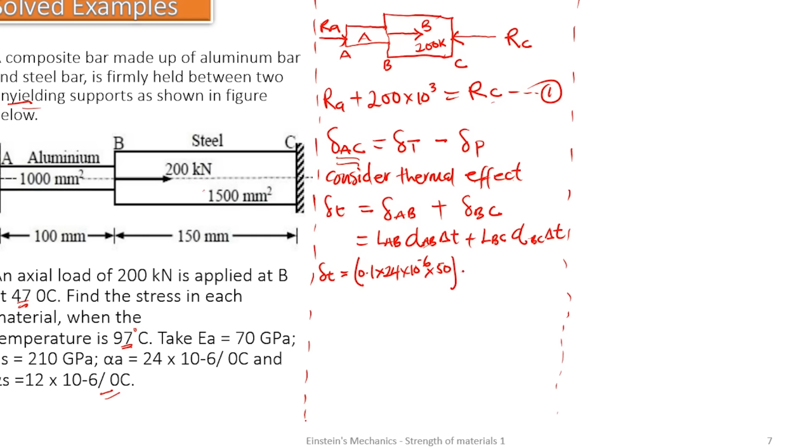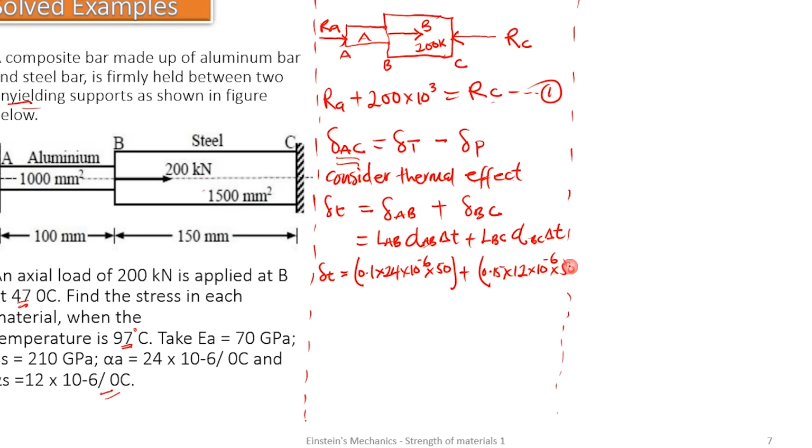That's for the aluminium. And the BC, that's the steel. The length is 150 millimeters, which is 0.15. What is the alpha, the constant of steel? 12 to the power negative 6.